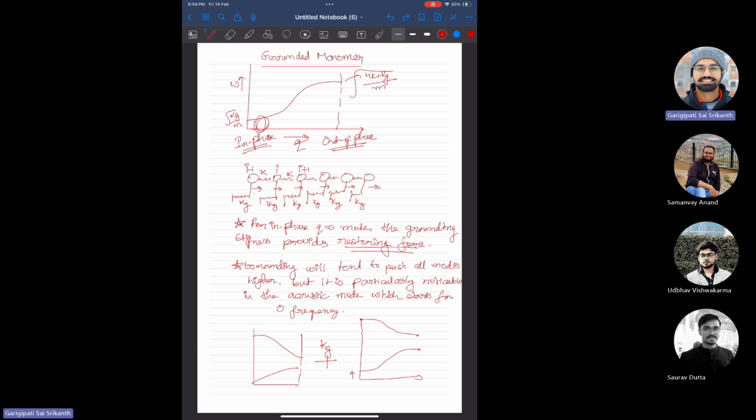This band gap here, what is it? Is it Bragg? Is it local resonance? Or is it something else?